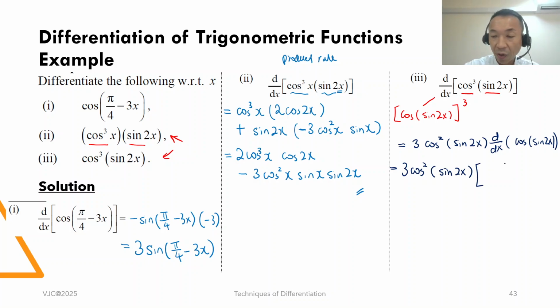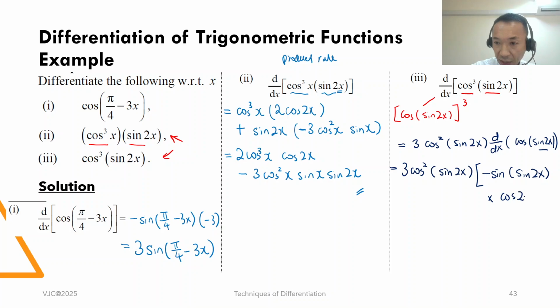Basically, this is your f(x). You will get negative sine 2x multiplied by the differentiation of the inside one time: sine 2x, you get cosine 2x. And then differentiate one more time, because you differentiate this 2x, you get a 2. So therefore, you have a 2.